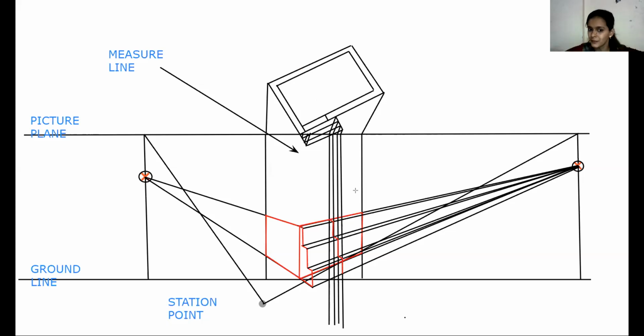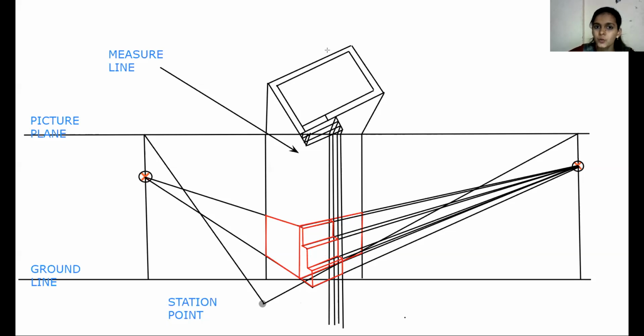Now connect the lines in between. So here is a perspective view of the steps.